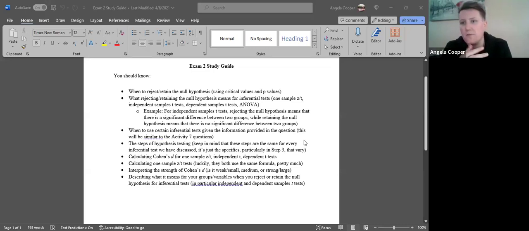This is an example from our GE assignment. This is the dependent samples prompt. But retaining the null for a dependent samples t-test is saying that there is no significant difference between these within groups, these two samples that actually consist of the same people just being tested twice.